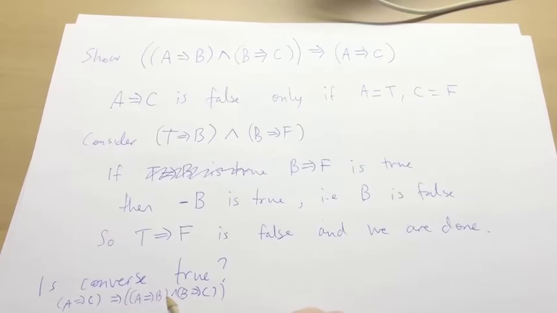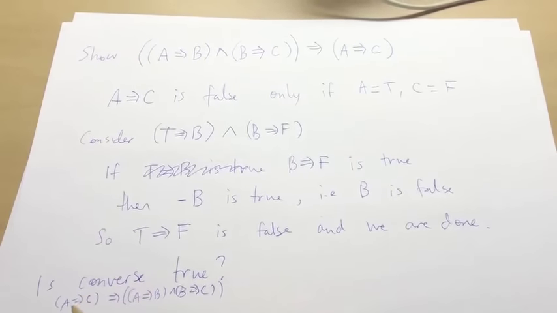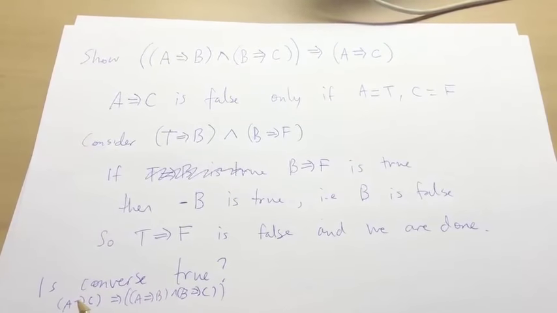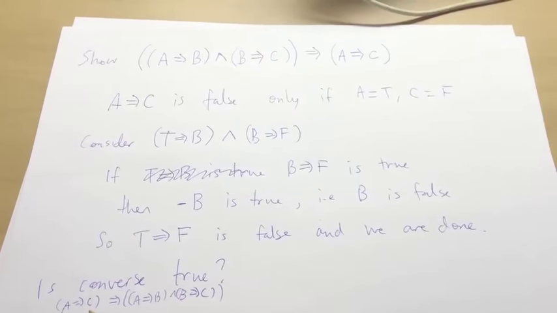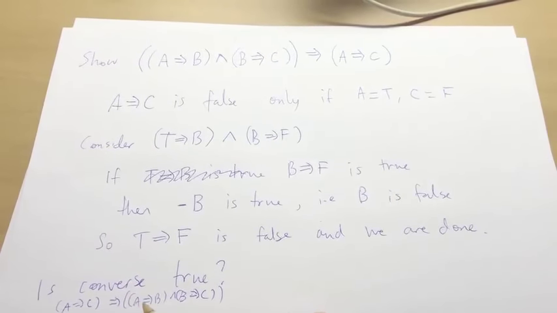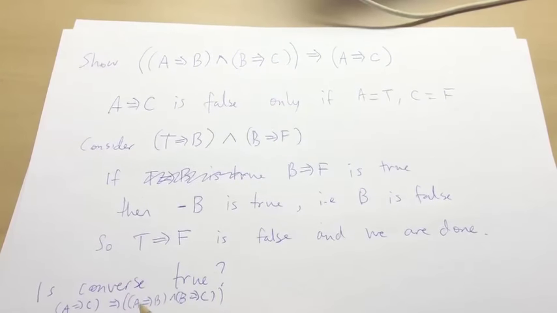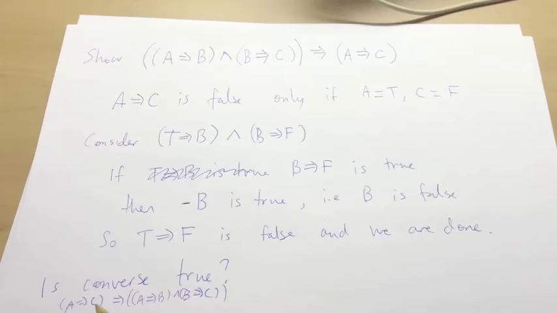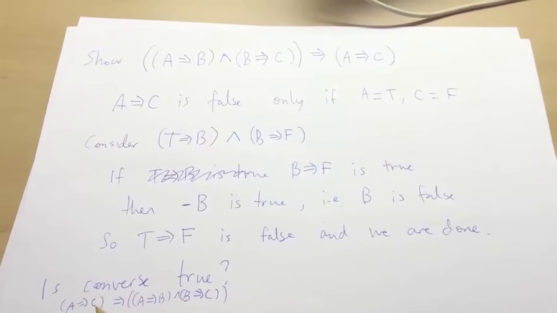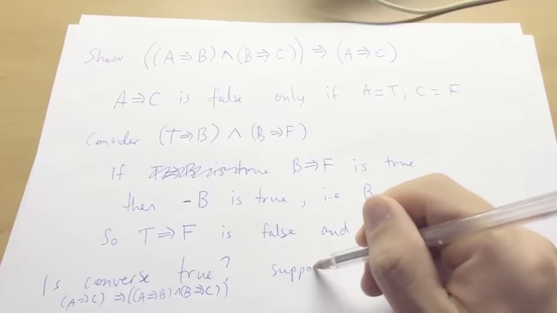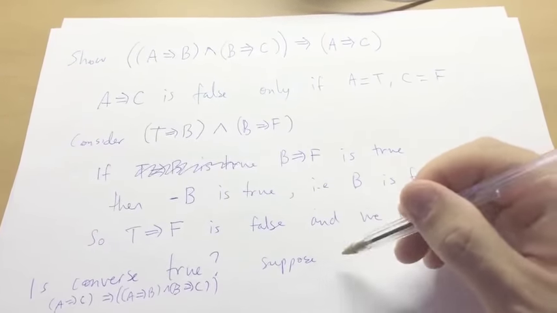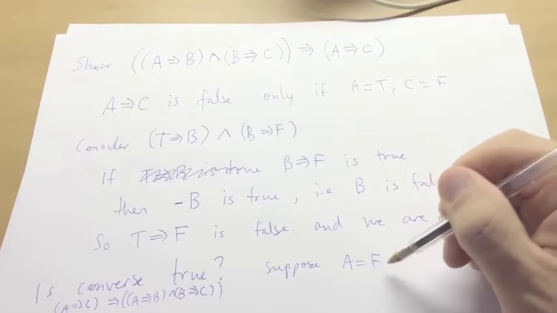And I think so, because this could be true for any number of reasons. It could be true because A is false. And if that's the case, then we just need to think of a situation. We can even be free to choose C. So suppose A is false.